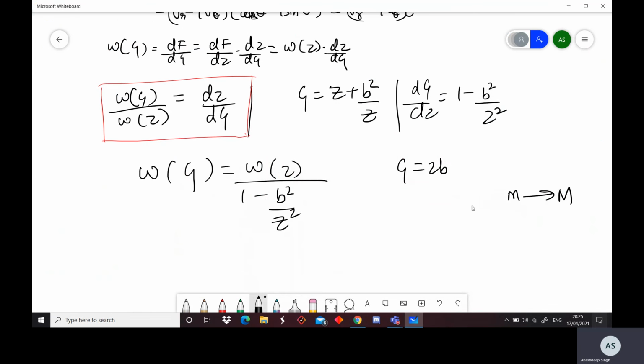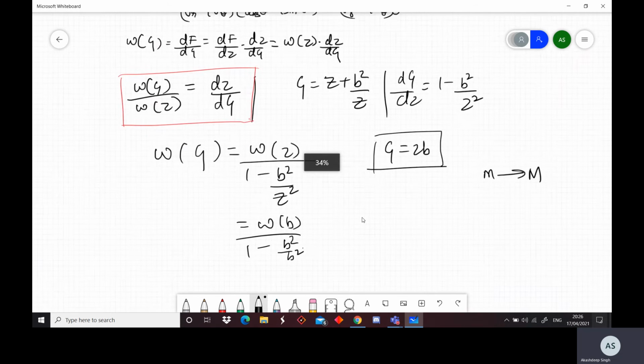So if this is the expression, this transforms clearly if we put z equal to b. Now when we put z equal to b in this, it becomes W of b by 1 minus b square by b square. Now the denominator becomes 0, but W cannot be infinite, and that is the very essence of the Kutta condition.